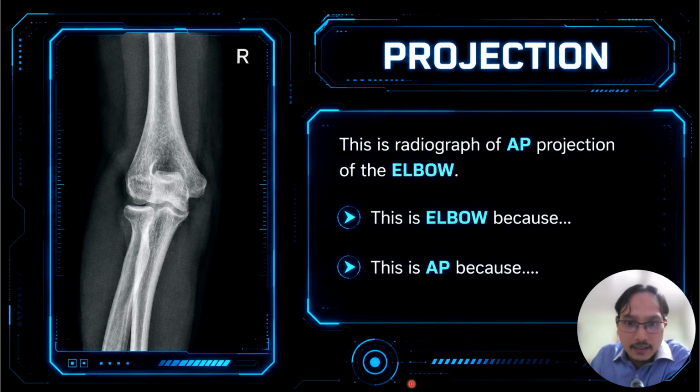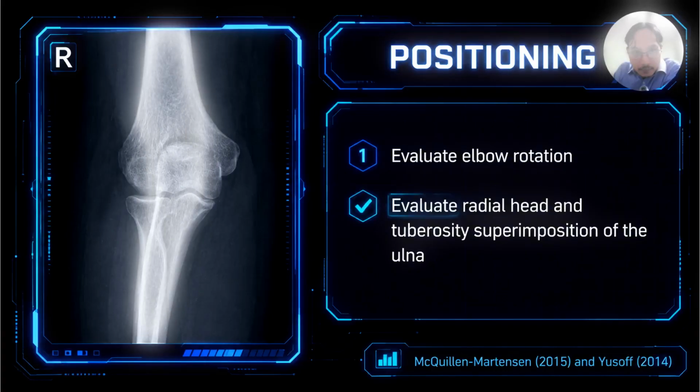Next, this is AP because radial head and tuberosity superimpose lateral aspect of proximal ulna by 0.6 cm. In addition, the medial and lateral epicondyles of humerus are in profile. Next is positioning.